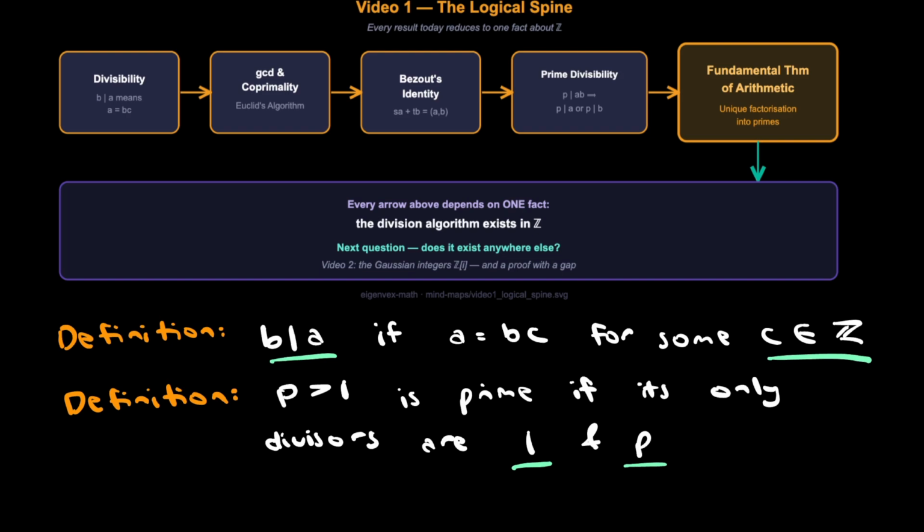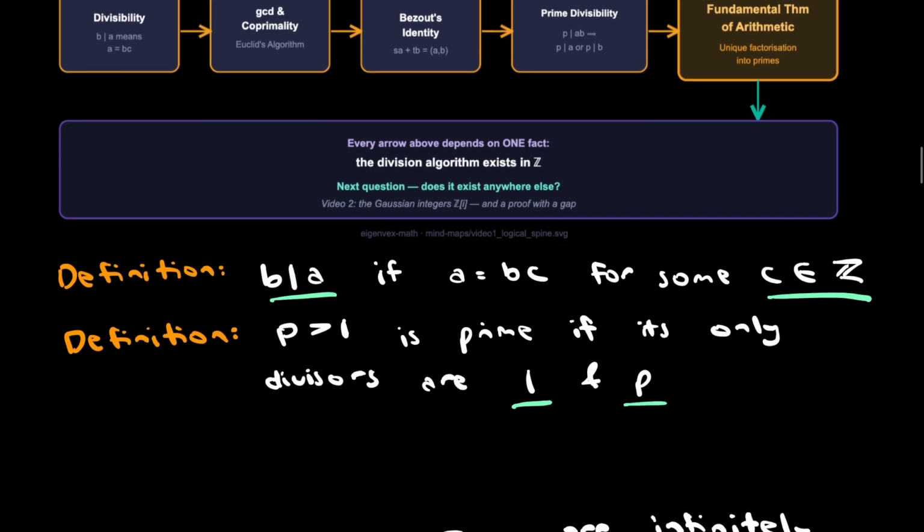So, to start out, we have 2 definitions to anchor everything. B divides A, written here, if A is equal to BC for some integer C. A prime number is greater than 1 whose only divisors are 1 and itself, right?